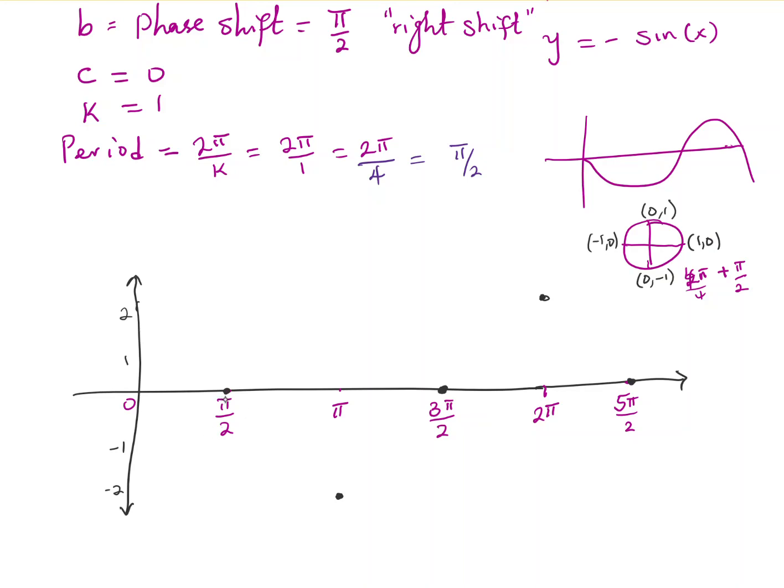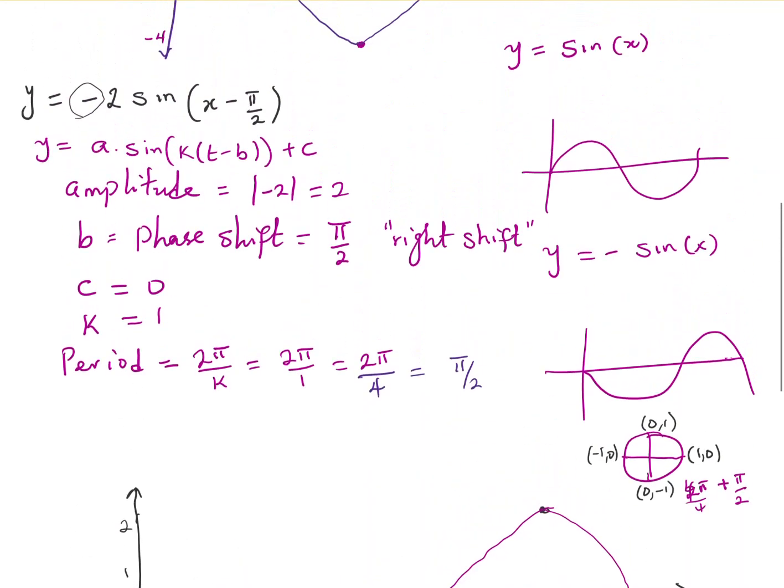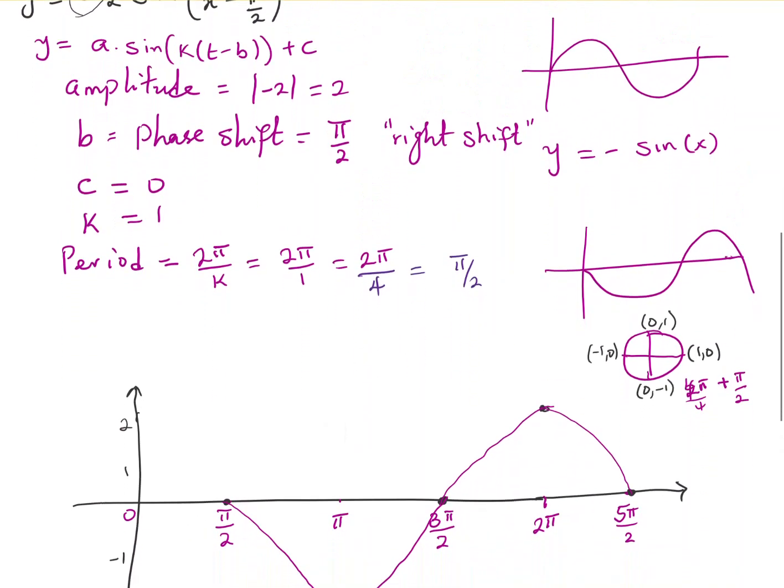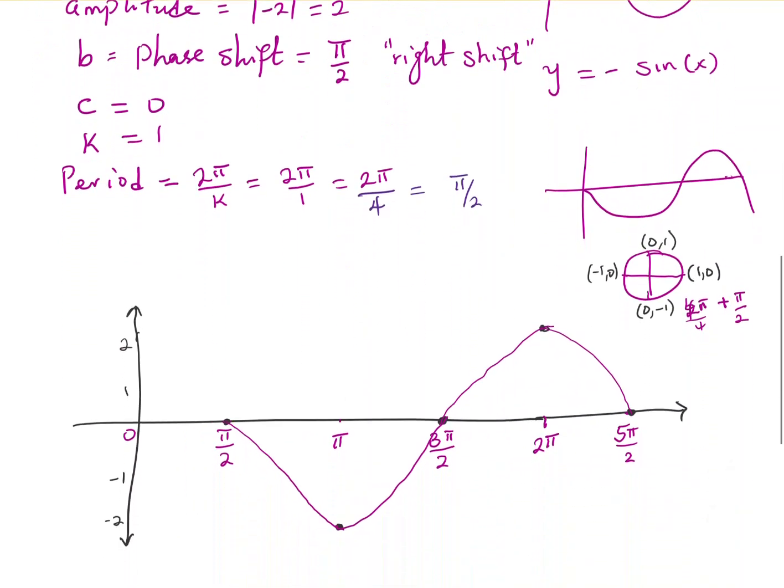So again, we just join things, and yeah, don't worry about my graph. You understand what I'm trying to do. So that is how the graph of y equals negative 2 sine of x minus pi by 2 looks like.